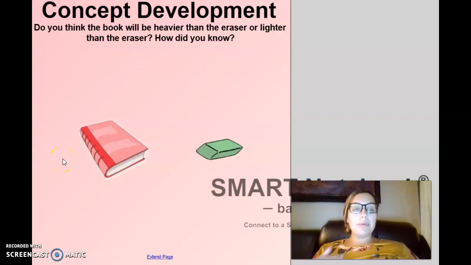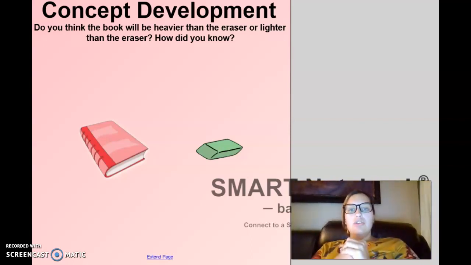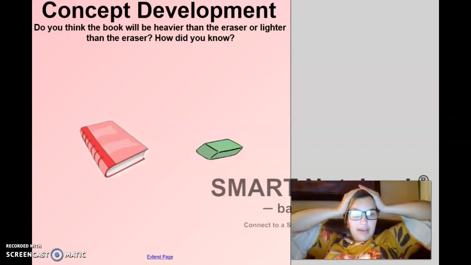Okay, so thinking about what we just talked about with the word "than," I want you to come up with a sentence. Do you think the book is heavier than the eraser or lighter than the eraser? If you think it's heavier, put your hand on your head.